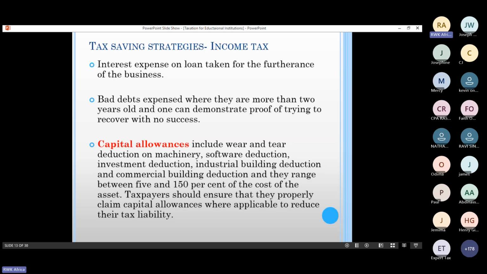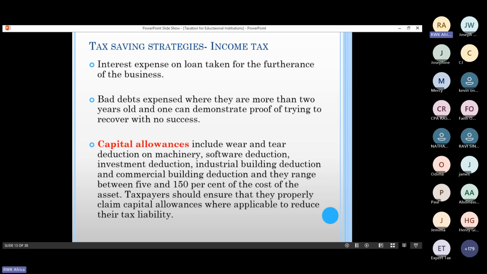Then we have capital allowances. So we have equipment, we have motor vehicles, buildings. These equipment or even machineries and the buildings, we have capital allowances that are subjected to them. So you should take advantage of that.